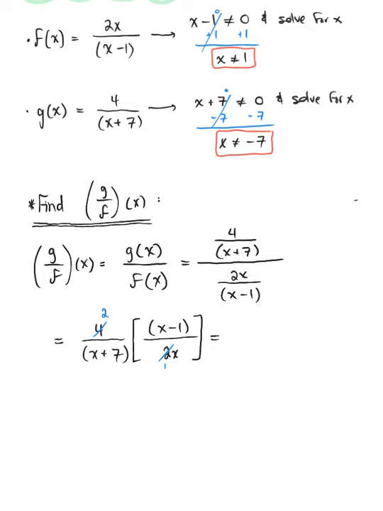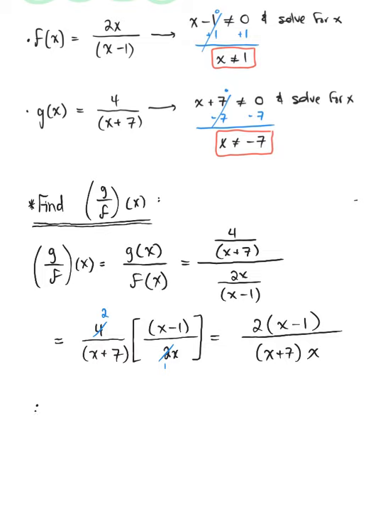Now, nothing else is going to cancel, so we can rewrite our answer here as 2 times x minus 1, and that's all over x plus 7 multiplied by x.